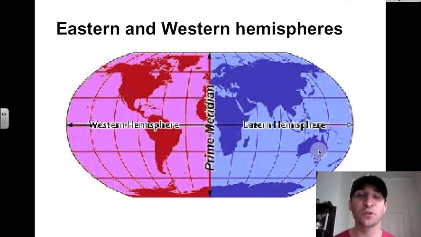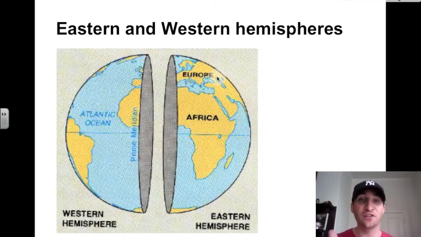You might hear people talk about Japan or China as the Far East. They do that because they lie in the eastern hemisphere, far from the prime meridian. And here's a three-dimensional model that shows you the eastern and western hemispheres.